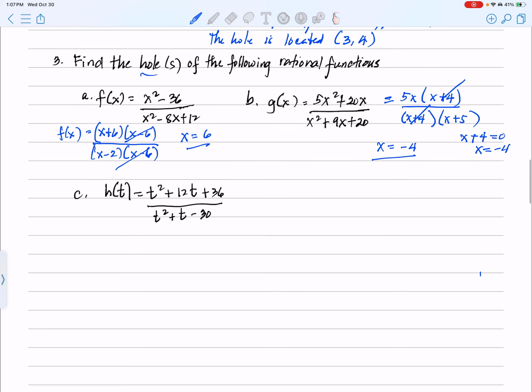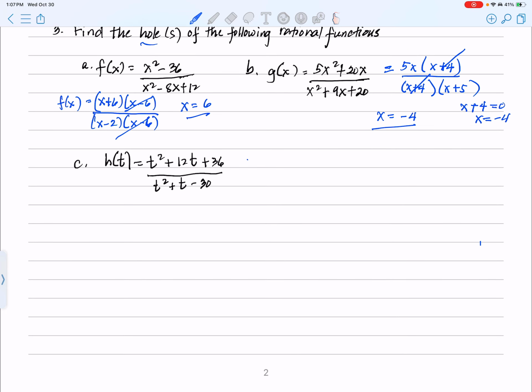For number 2, we have t squared plus 12t plus 36. Okay, factor. What are the factors of 36 that add up to 12? 6 and 6.